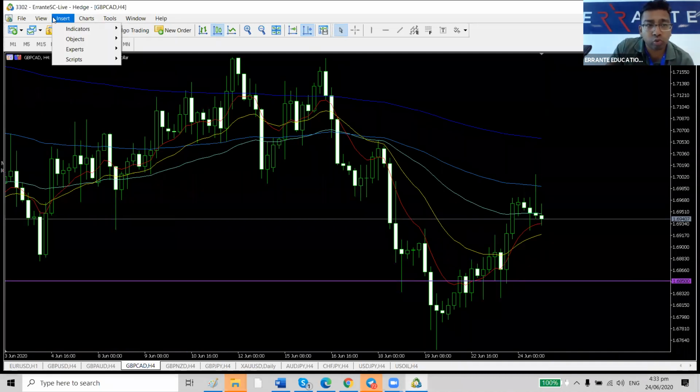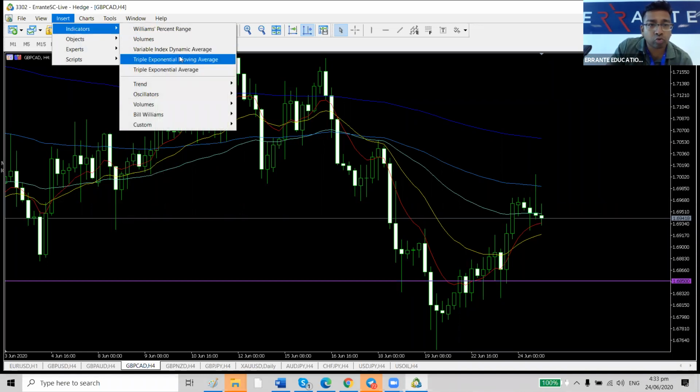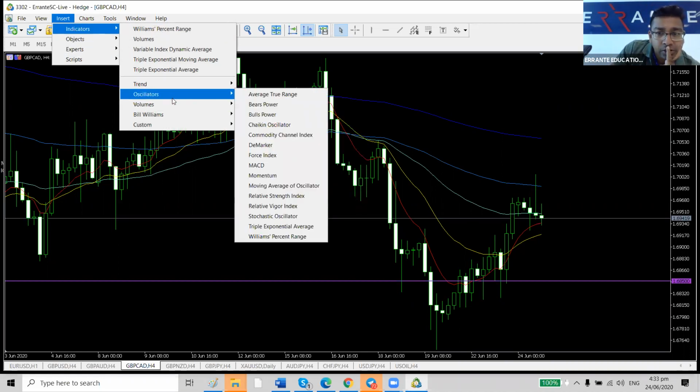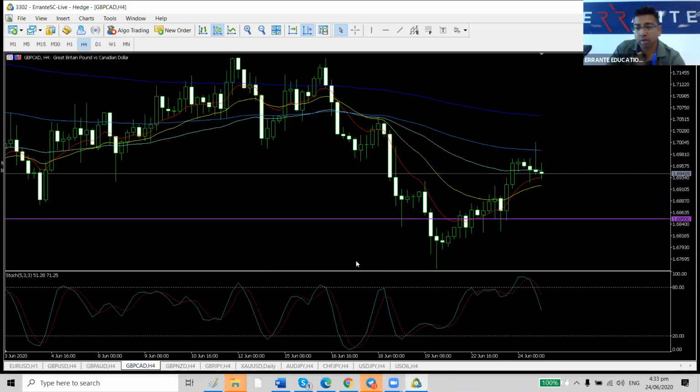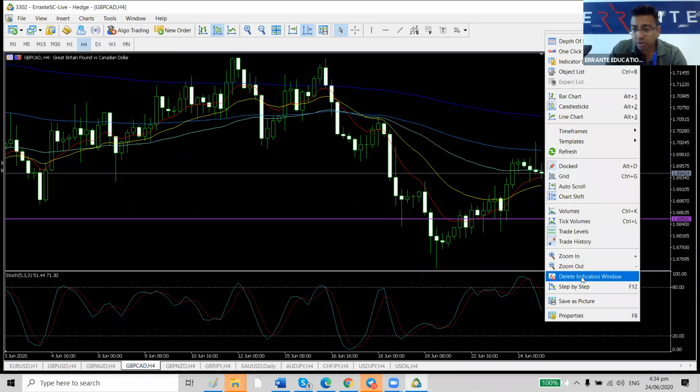You can always go to insert indicator and go to oscillators here, and maybe not oscillators for now, because I usually look at stochastic as well. That's a little bit advanced, so I don't want to complicate things. All right, let's just get rid of that.